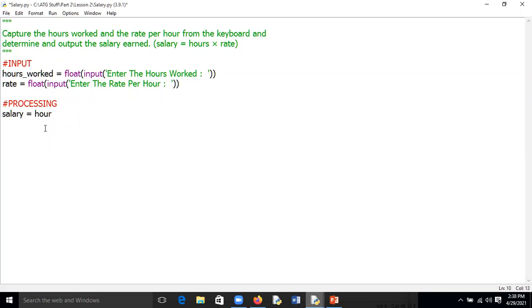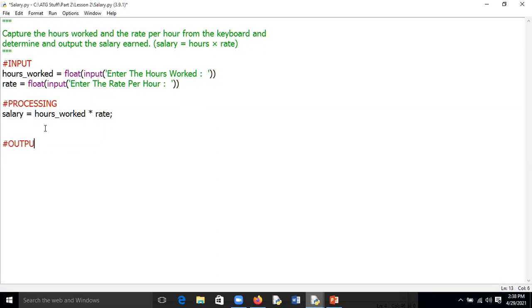It's in the variable hours_worked. Multiplication is asterisk times your rate. So if you're looking at this now, we've calculated our salary. I'm just going to leave a few extra lines and you'll see why just now.